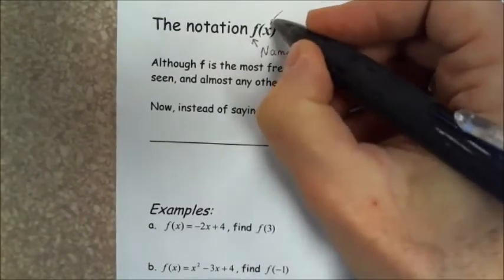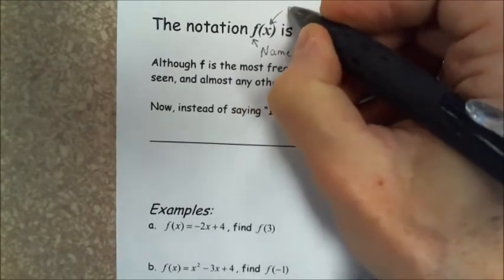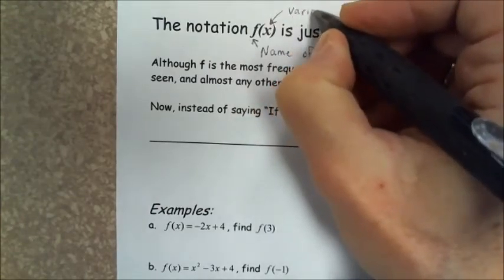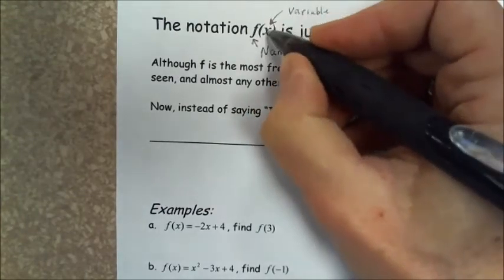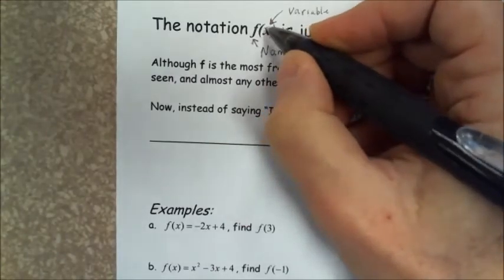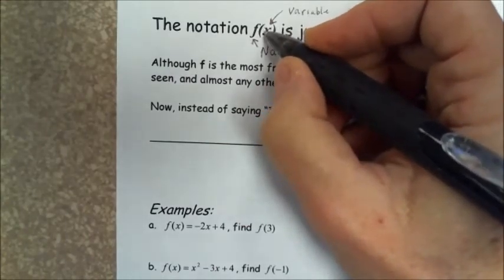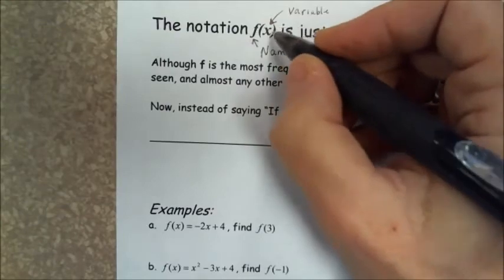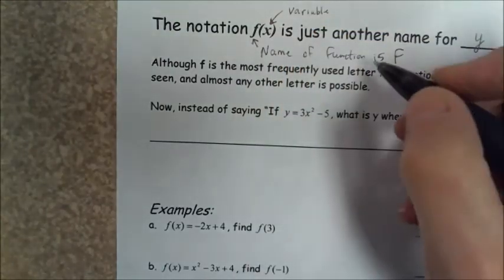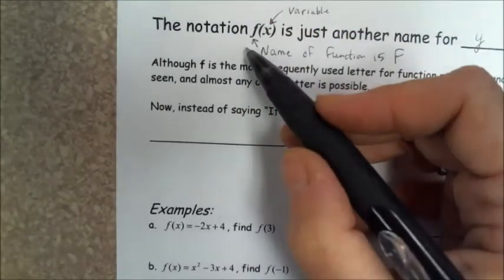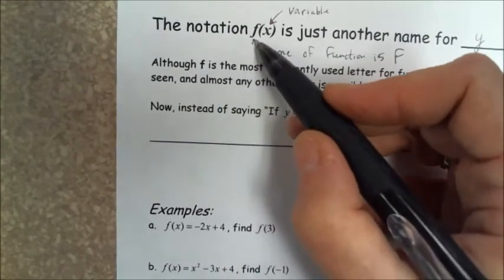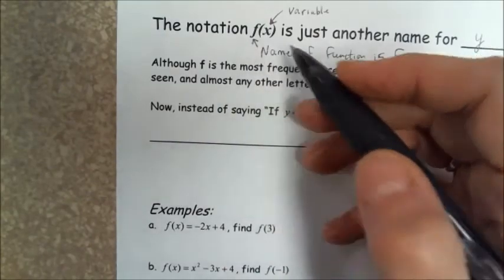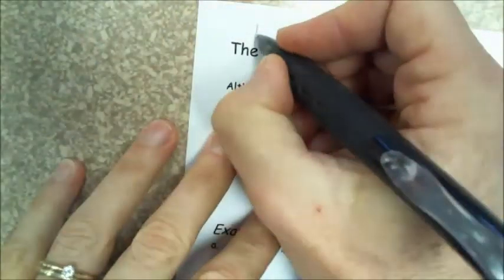And this in parentheses, this x, is a variable. Usually you'll use x, but you don't have to use x. Sometimes you'll use a letter t for a t variable, or maybe sometimes your variable is a. But most commonly we'll see f of x, and that's how you say it, f of x.